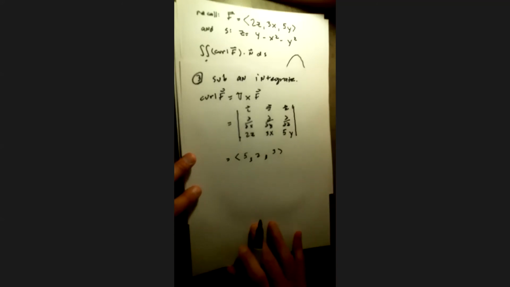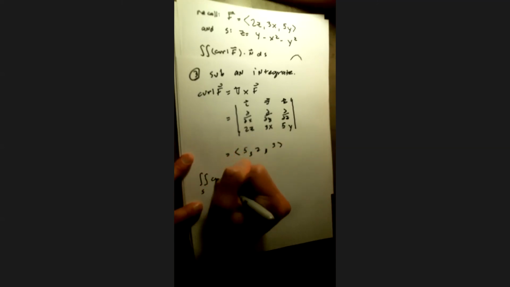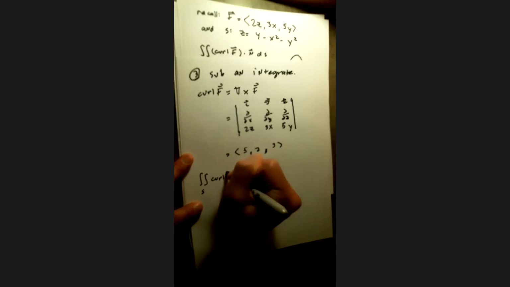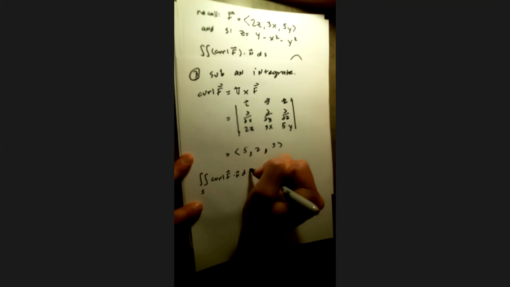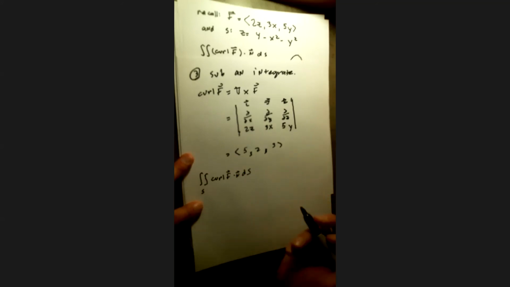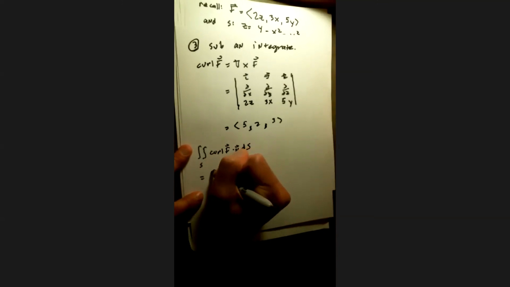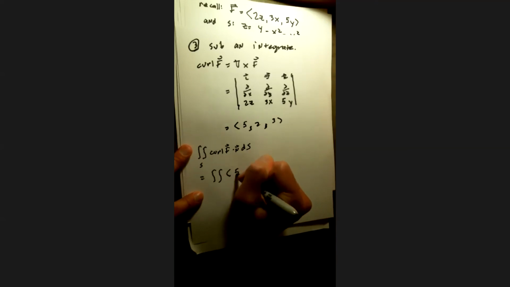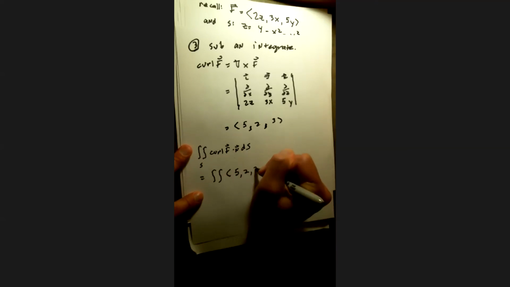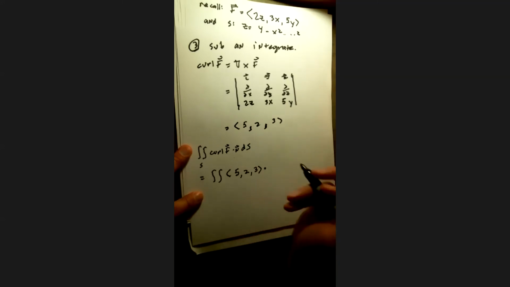So we can put this together and we get that our surface integral of the curl of F dot n dS, big S, will be equal to the double integral of 5, 2, 3 dotted with r_u cross r_v.